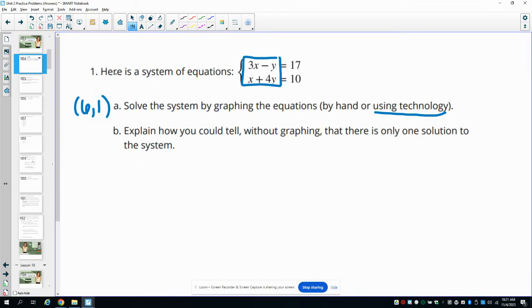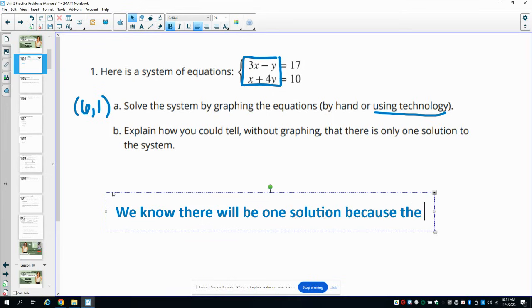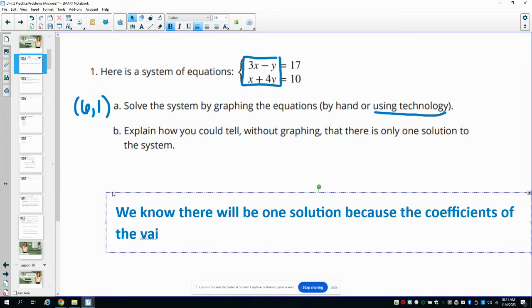So the equations are just very different equations. So when we're looking at this, we could say we know there will be one solution because the coefficients, the numbers in front of the variables, are not the same.